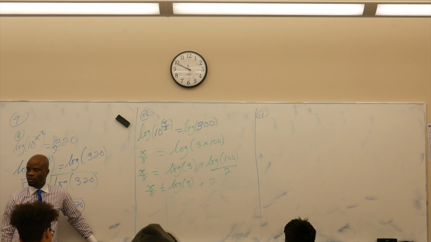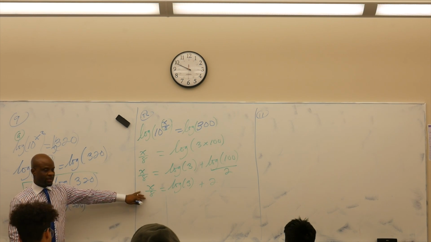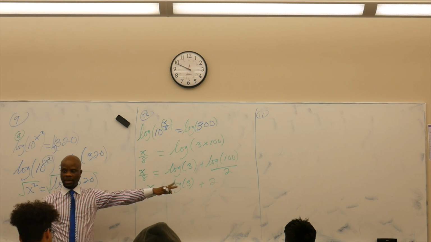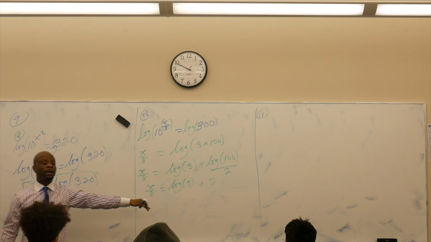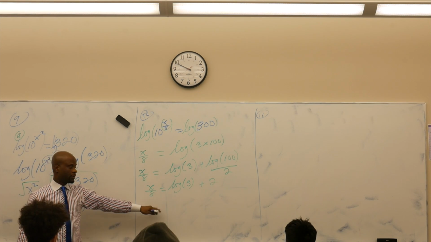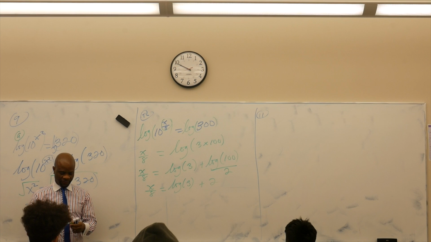I got x divided by 8 is equal to something. How do I solve for x? Multiply by 8, right? Because it's a division.